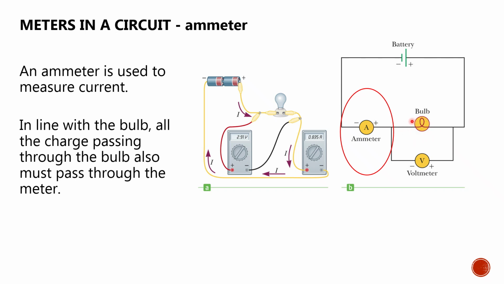That is how we read the electric current, because you're getting the amount of charge that is passing through the conductor per unit of time. So you must position it there.